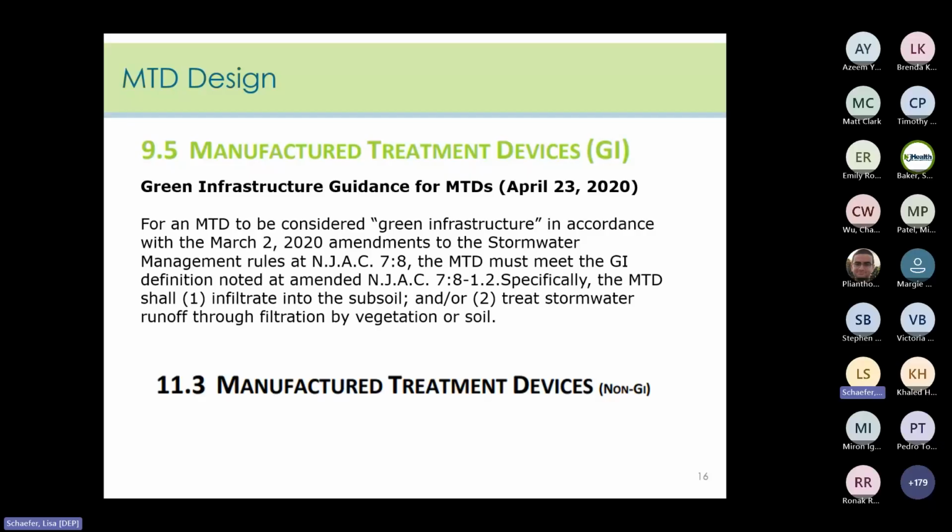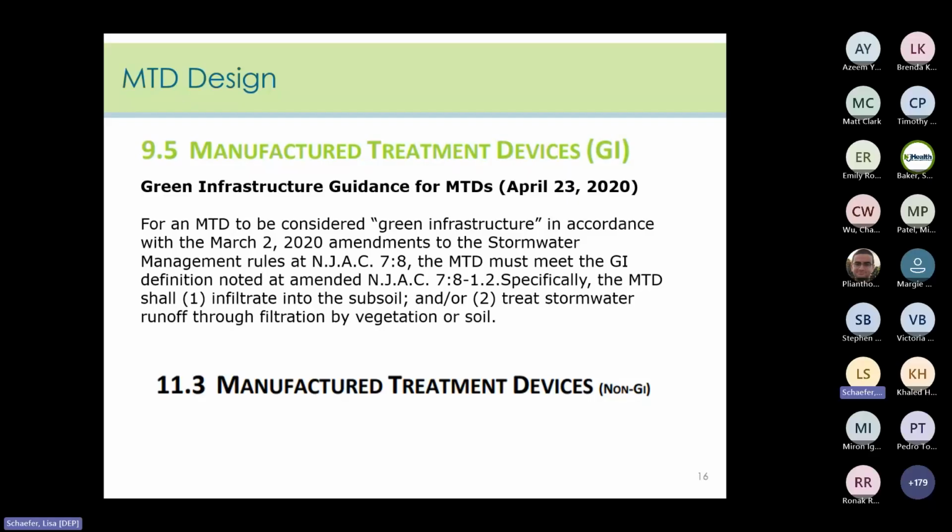Any MTD with biofiltration media that would be placed below ground as a vault without any vegetation can be considered to be GI for New Jersey purposes only if the device infiltrates stormwater into the subsoil.